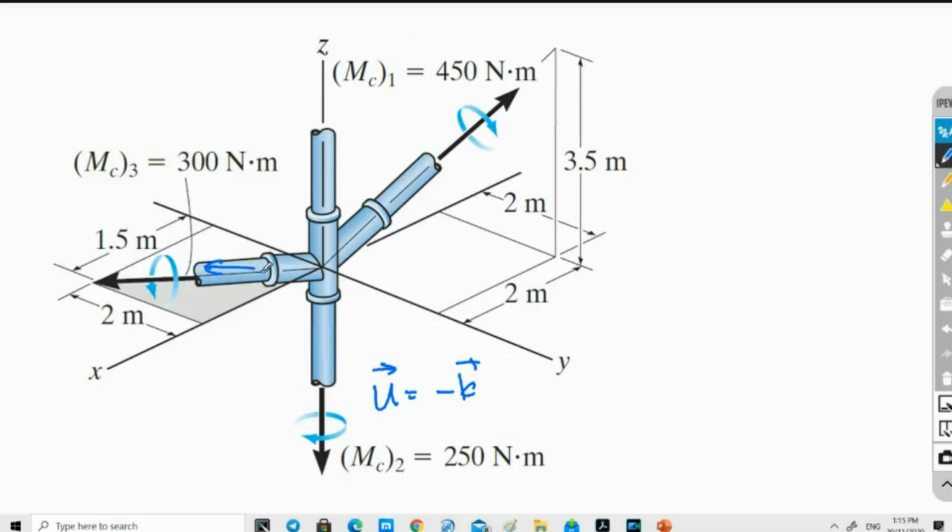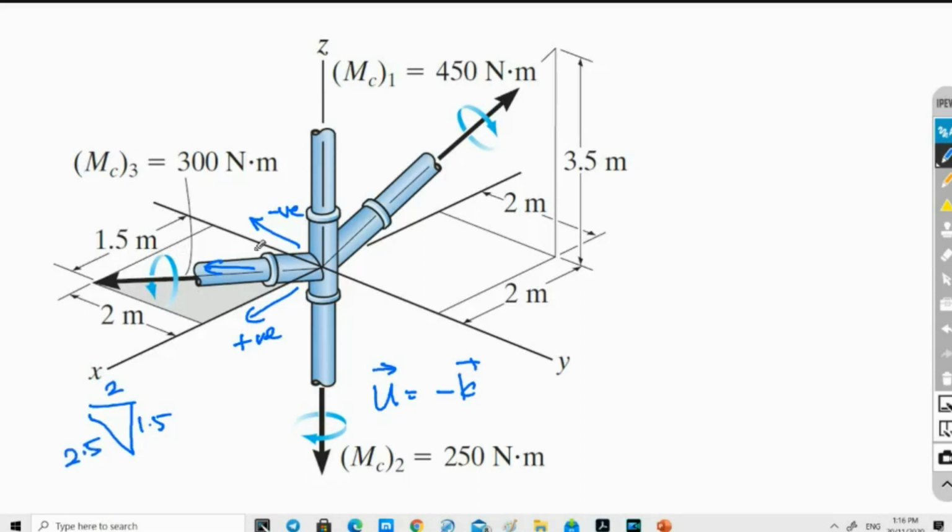It is in the x, y plane, but x is positive. Y here is negative, because y positive is here. So this is y negative. What will be the unit vector? We have to use this triangle or this ratio. If I'm looking from top, the triangle will look like this: 1.5, 2, 2.5.